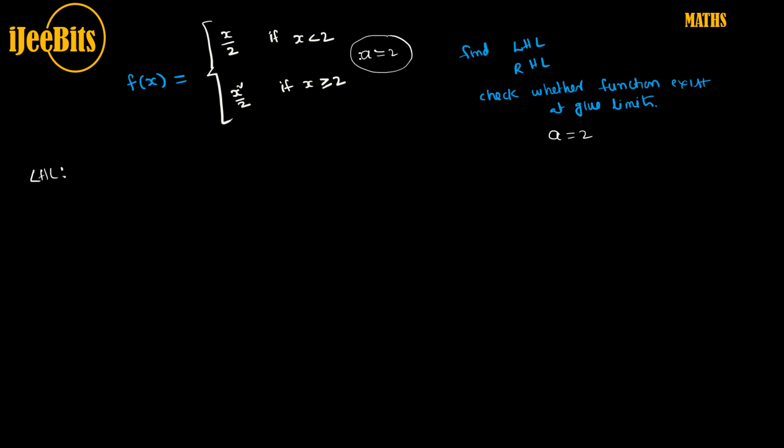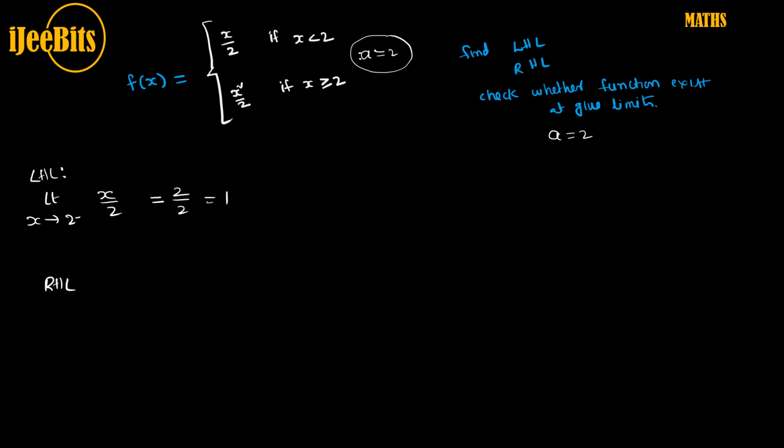LHL would be limit x tends to 2 minus, right? The f of x value, how much is this one? x by 2, correct? So what would be the value? You plug in 2 value, x by 2, 2 by 2 is equal to 1, correct?